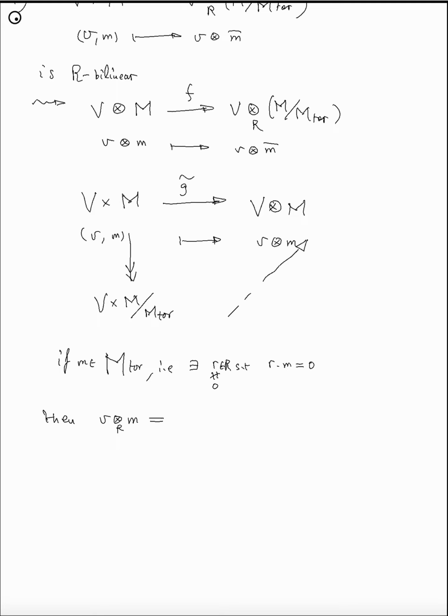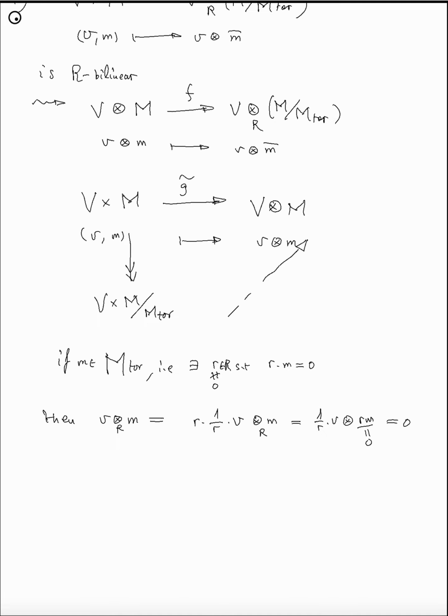So for non-zero r, you can write this, no problem, because V is a K vector space, and so you can move this r to the right hand side, and this gives you 0.